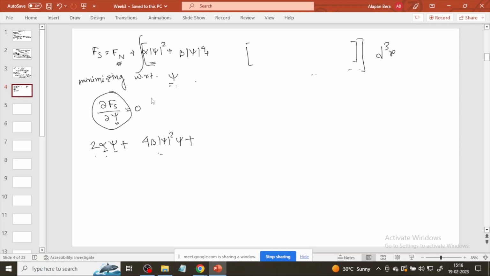Okay, so when we take the derivative, we are left with 1 by 4m. So this you can verify later. So this total thing is 0.